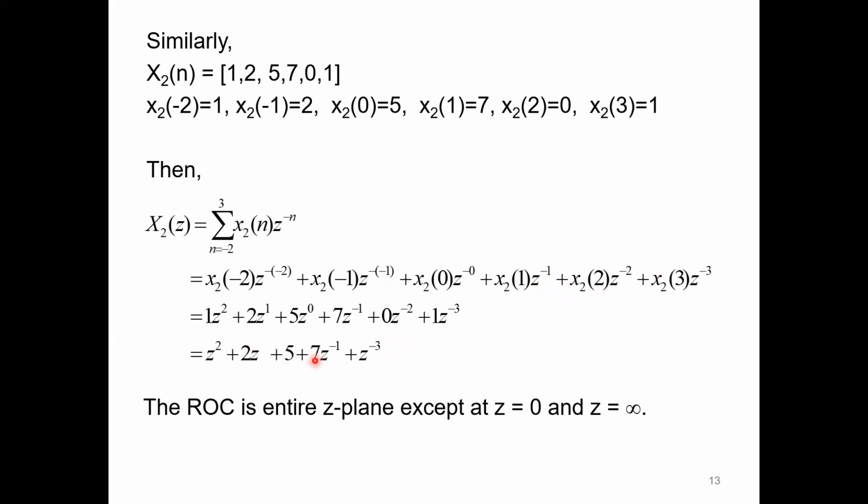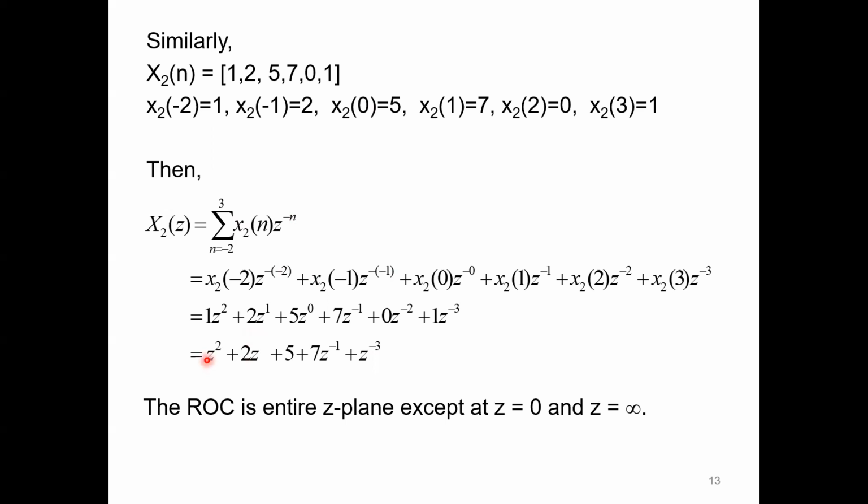Eventually you get something like this: z squared plus 2z plus 5 plus 7z^-1 plus z^-3. For the region of convergence, again check the values of z that will bring the expression to infinity.